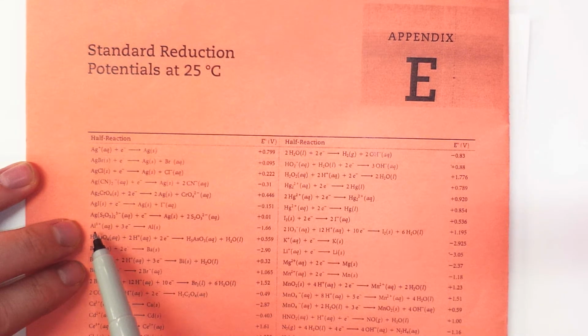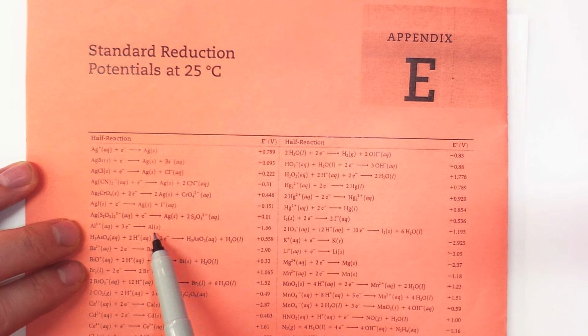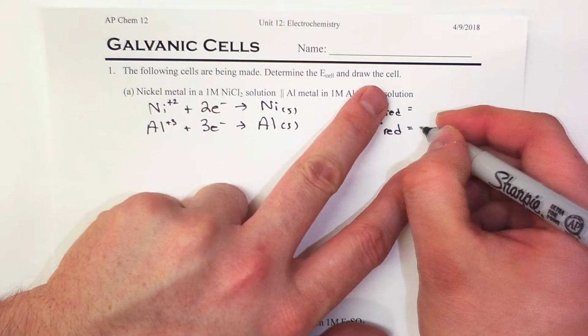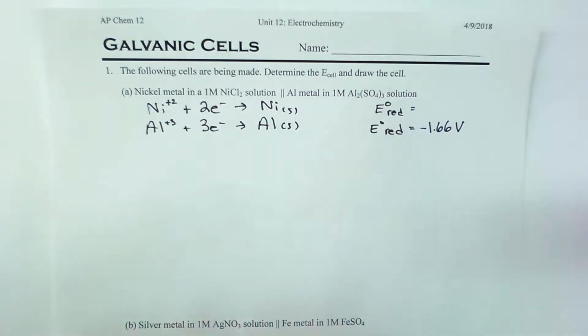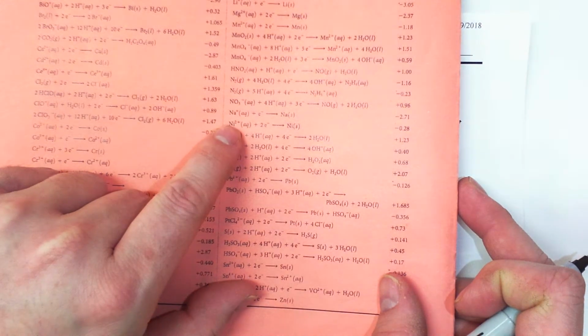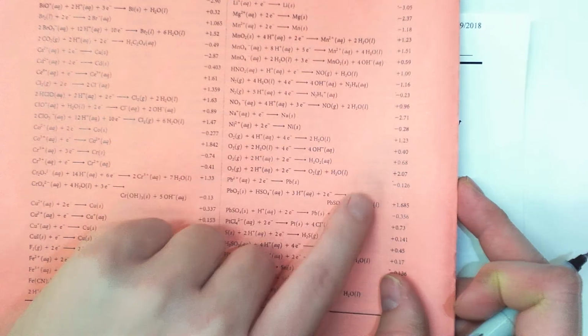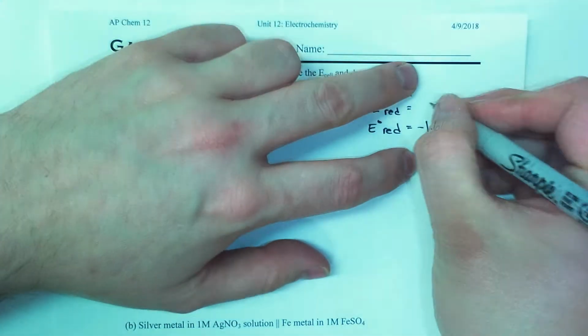Right off the bat, there's the aluminum one, aluminum plus 3 electrons to aluminum solid, and that has a reduction potential of negative 1.66. So we write that in, negative 1.66, and the unit is volt. The other one I'm looking for is nickel. I'm going to find nickel somewhere on here. Nickel plus 2, and it is negative 0.28.